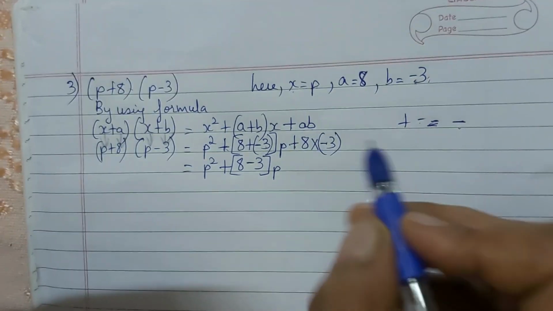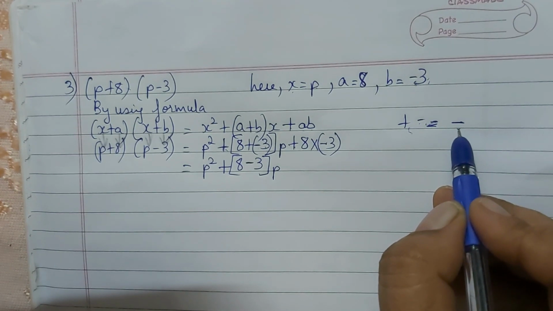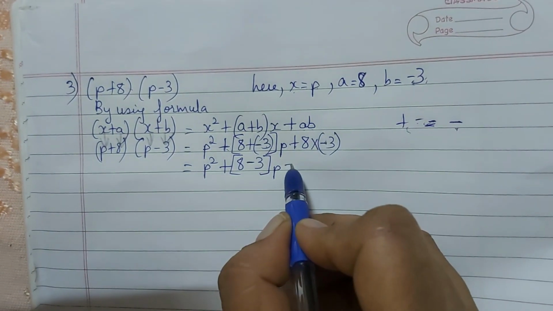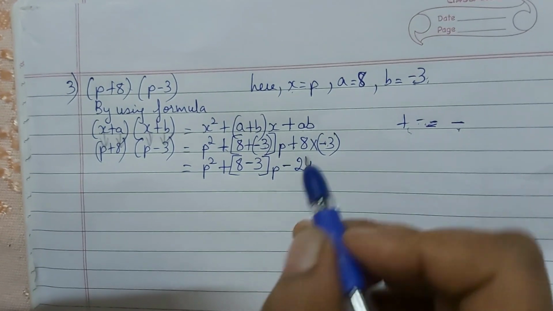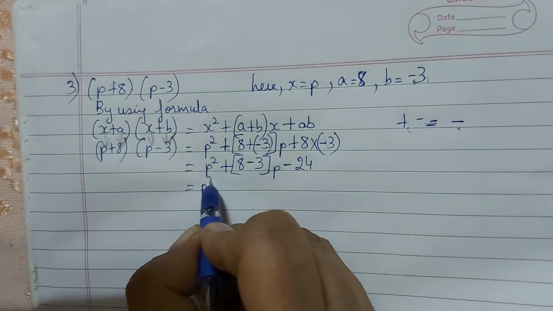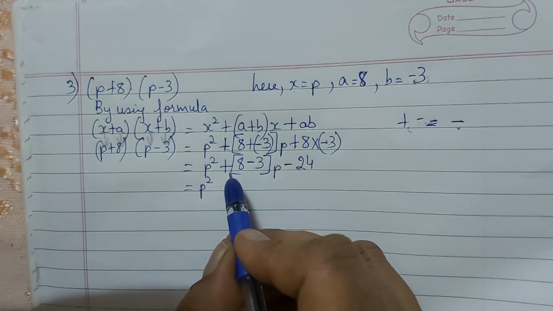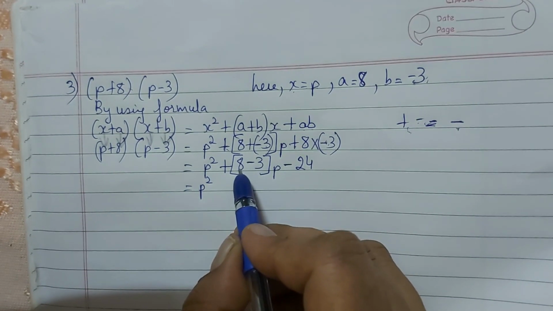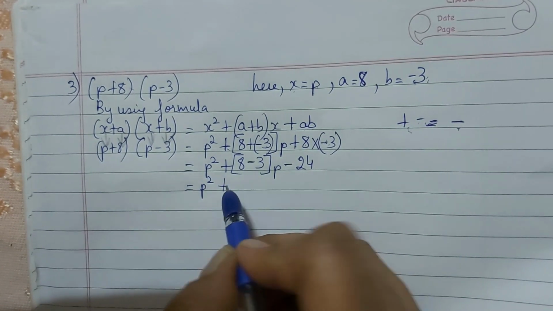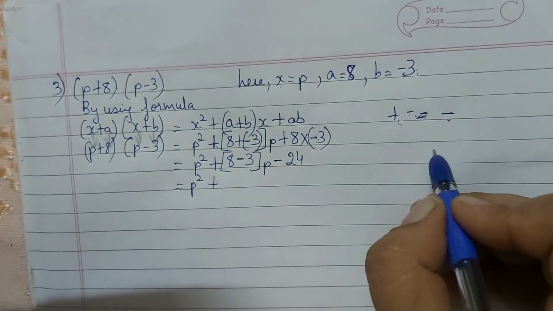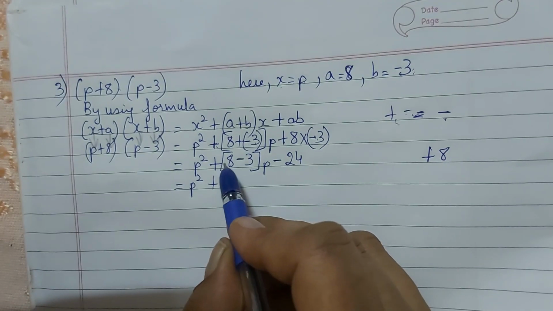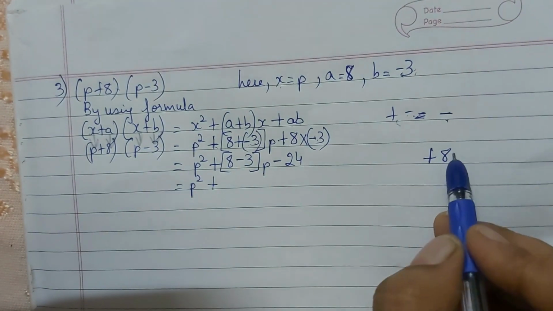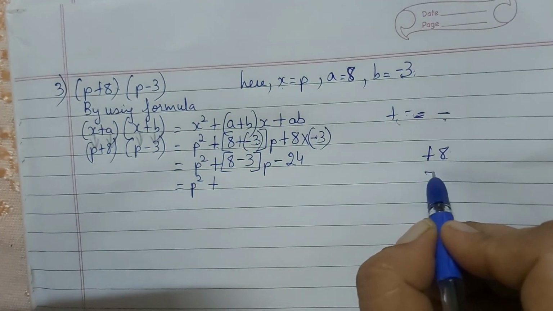Now plus and minus is equal to minus. 8 threes are 24, is equal to p square. Now 8 minus 3, that is plus 5. This is 8 plus 8 minus 3.